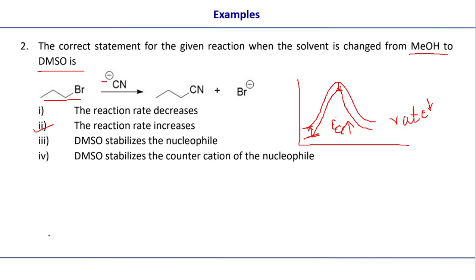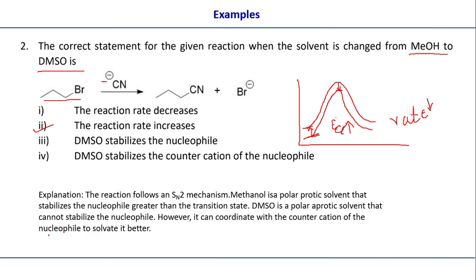Then we have discussed the other question where the solvent was changing from methanol to DMSO. This reaction follows the SN2 mechanism, and methanol is a polar protic solvent that stabilizes the nucleophile, greater than the transition state we have shown here. And DMSO is a polar aprotic solvent that cannot stabilize the nucleophile.